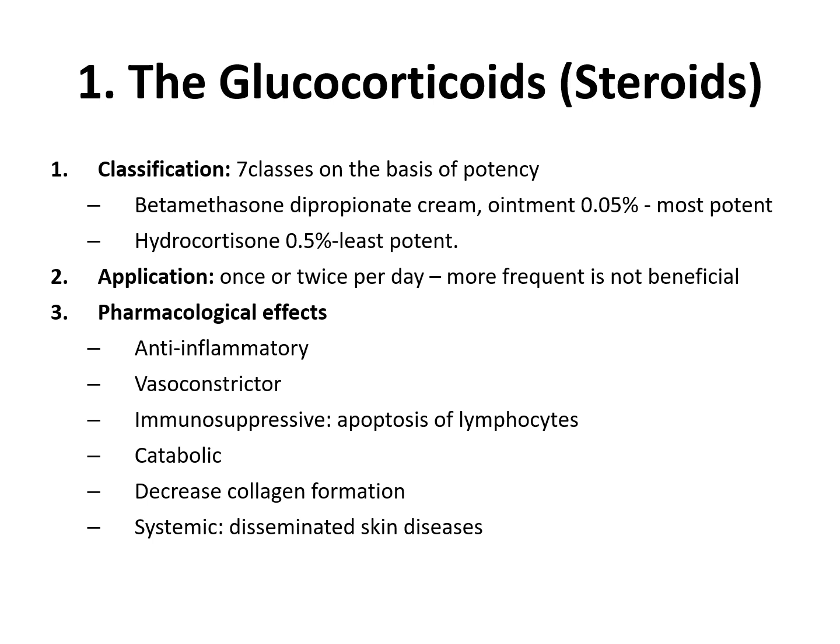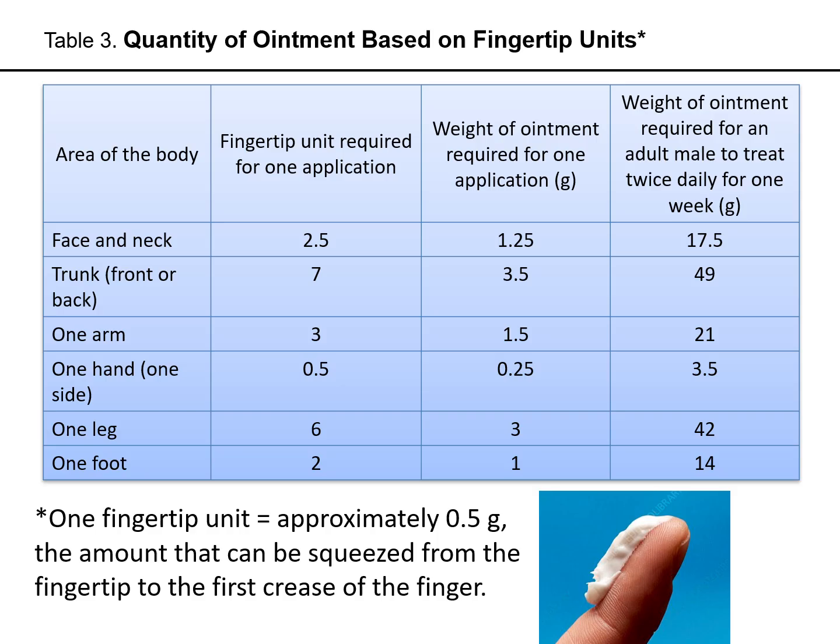And when you use them systemically, you can also do that to treat systemic skin diseases, autoimmune skin diseases. So how does one determine how much ointment or cream one should put on an area? Say, for example, the face, or if you're treating one arm or one hand.